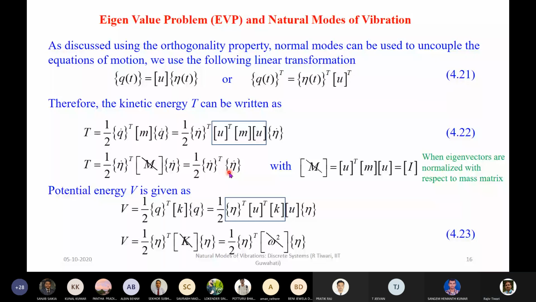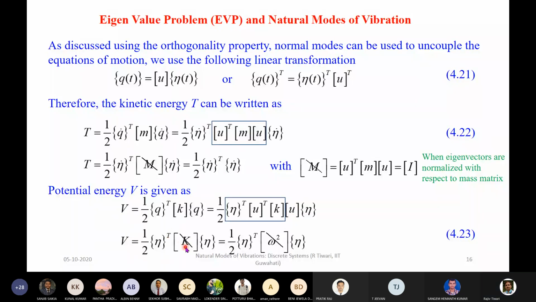For potential energy, we have a quadratic form. Here also we can put the Q from here. So U eta is for Q, and then the transpose of Q, Q transpose, will be this. Here also you can see that we can combine this U transpose K U, and we will get a diagonal matrix here also, using the orthogonality property I defined.